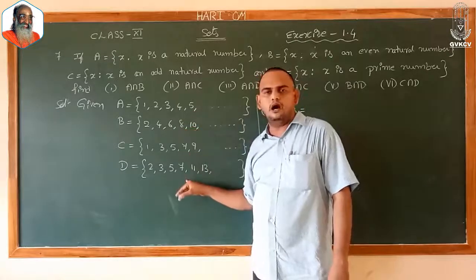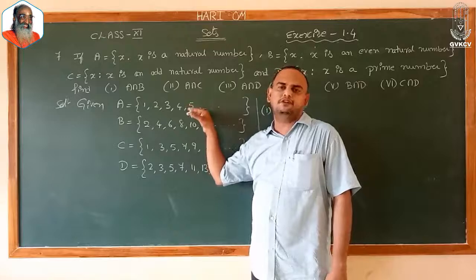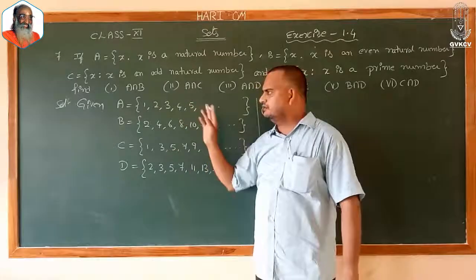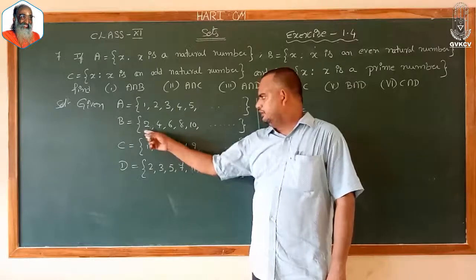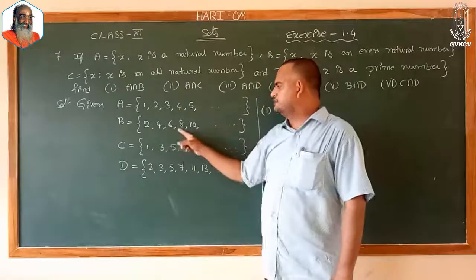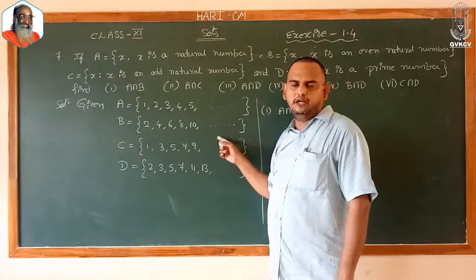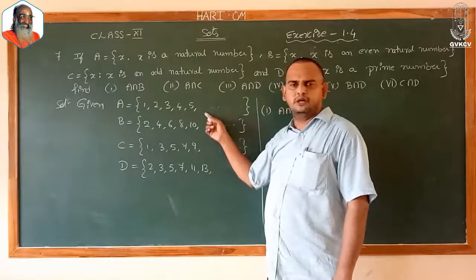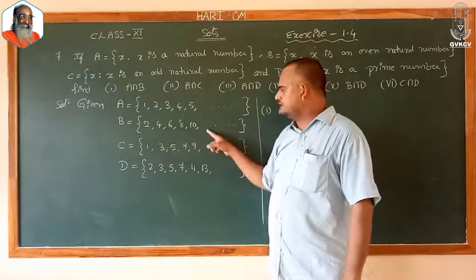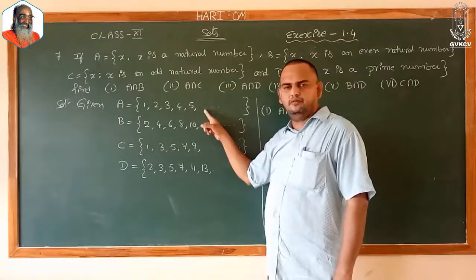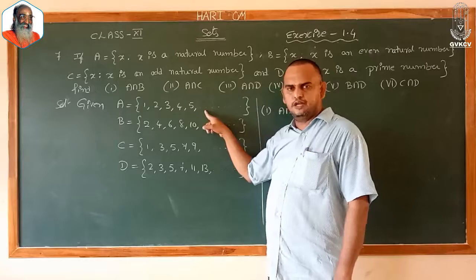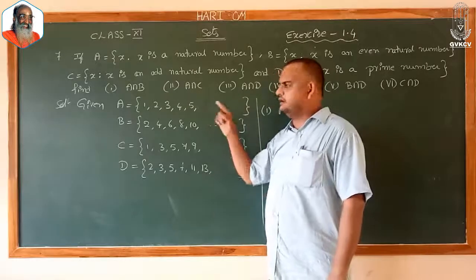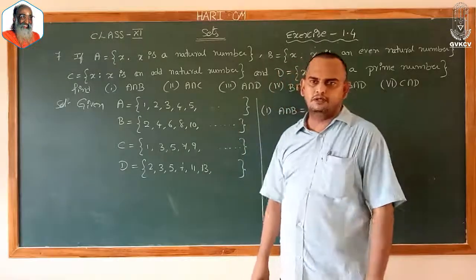And B, C, D are subsets of A. You are getting even numbers 2, 4, 6, 8, 10 from the natural numbers.